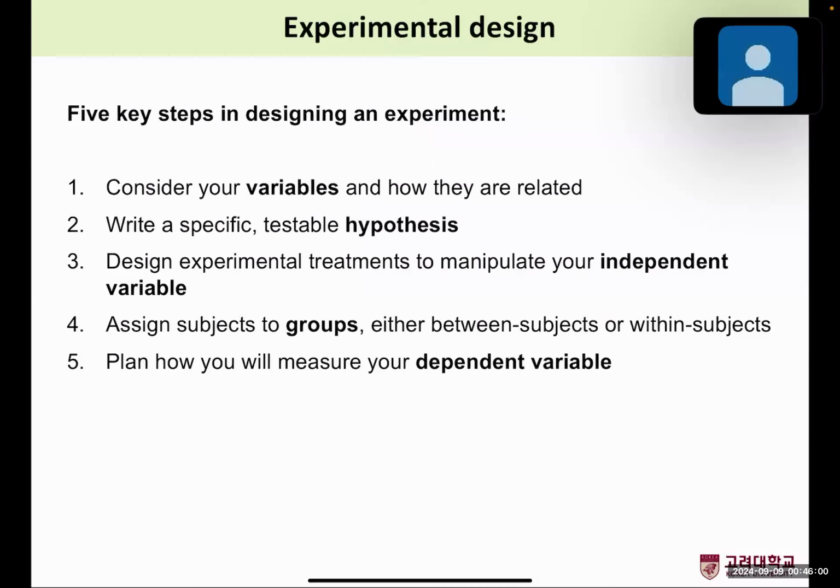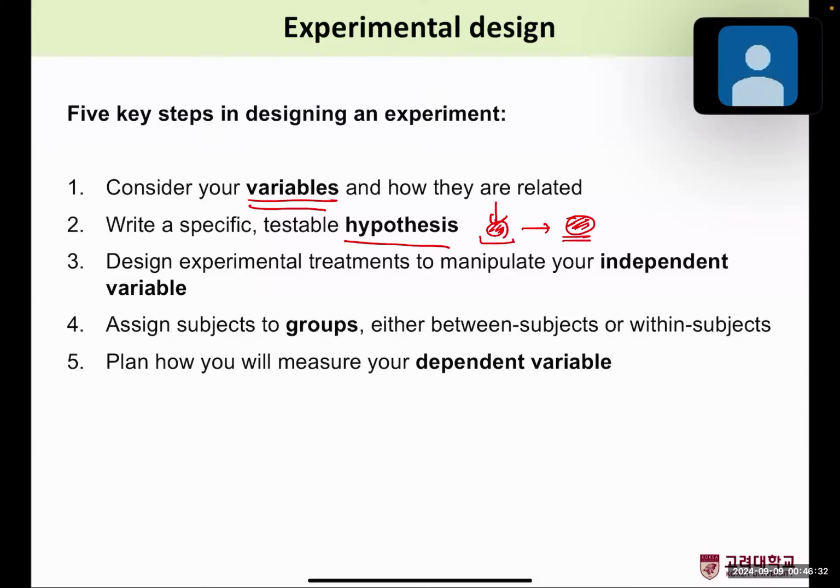There are 5 key steps in designing an experiment. First you need to consider your variables, right? Which are the conditions you want to test? Which are the conditions you want to change? And which are the variables that you need to analyze? Then you need to make a hypothesis. A hypothesis means when you do something, then this will result in something, right?